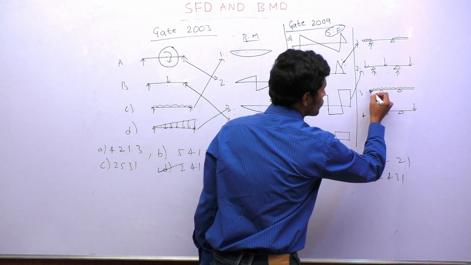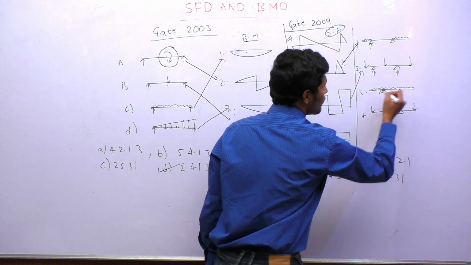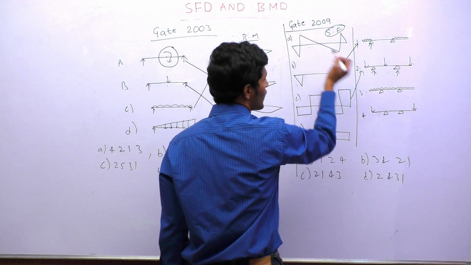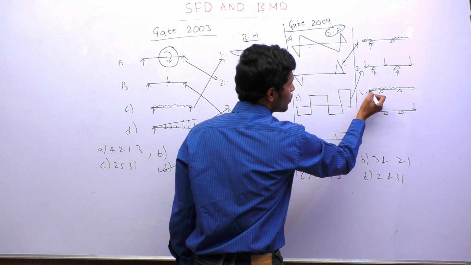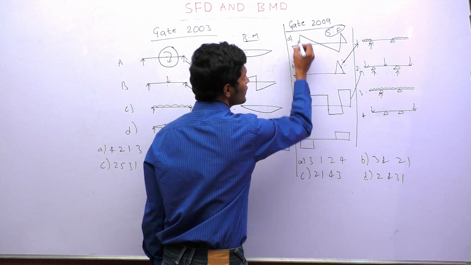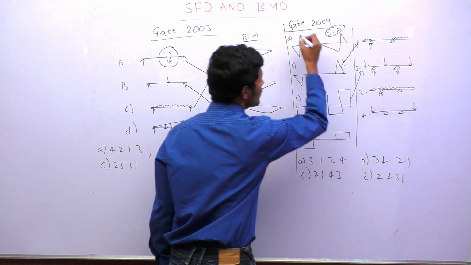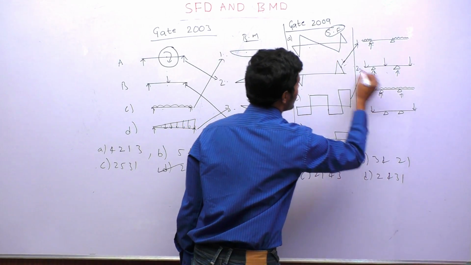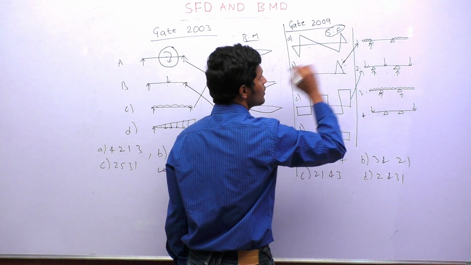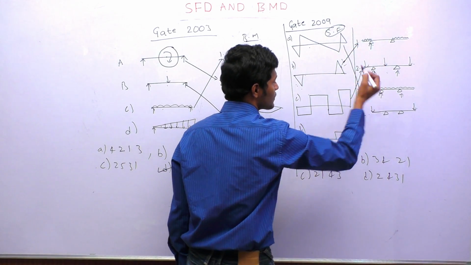Next, we will see this. Throughout it is UDL, which means that throughout the answer you will have a triangle. So the answer should be this. So throughout this is falling, falling, again reaction rising, rising, again falling, falling, again reaction rising, again falling, falling. Okay. So for this the answer should be this.